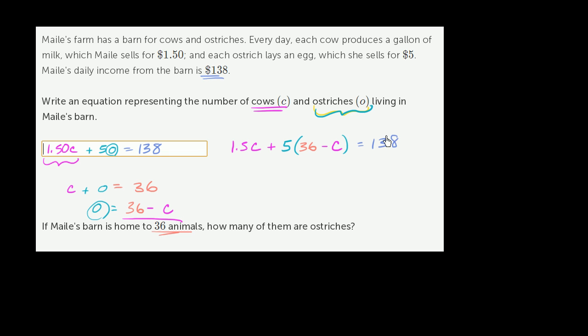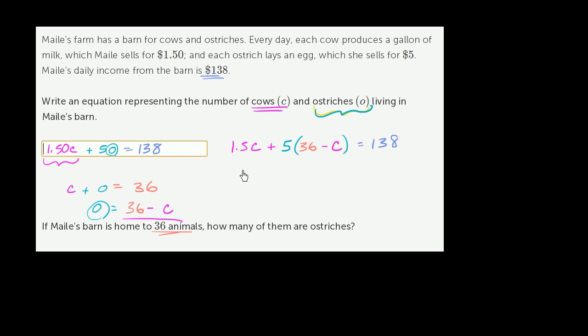Now, what was valuable about this is now we have one equation with one unknown. We can solve for the number of cows. And then later we could solve for the number of ostriches. I guess if we wanted to go directly to the number of ostriches, we could have substituted for C instead of for O. But we'll get there either way.